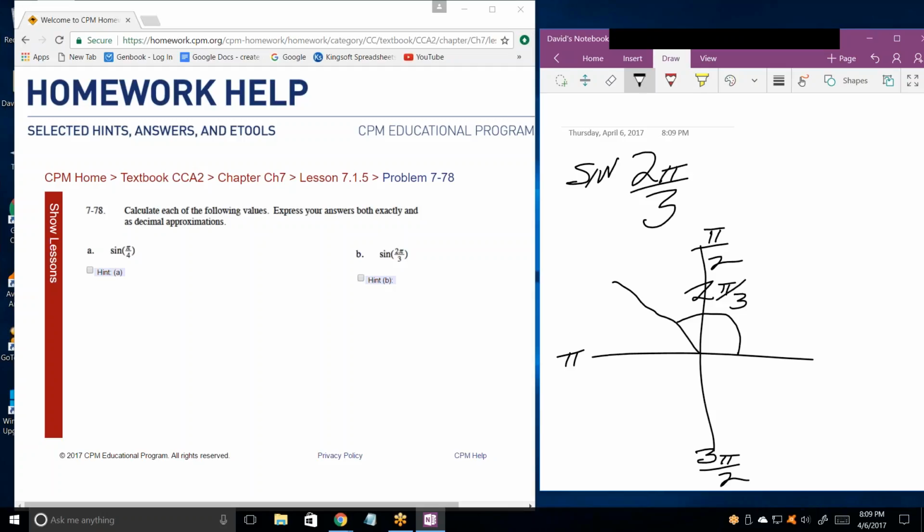What's its equivalent first quadrant angle? In other words, what is alpha? Remember, it's pi minus theta. What's pi minus 2 pi over 3? Find a common denominator.